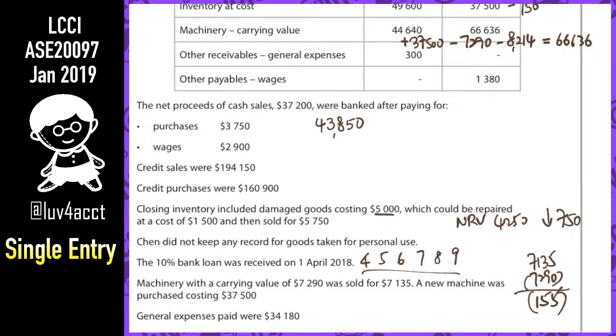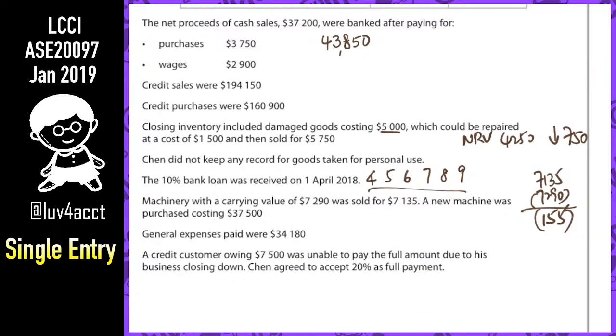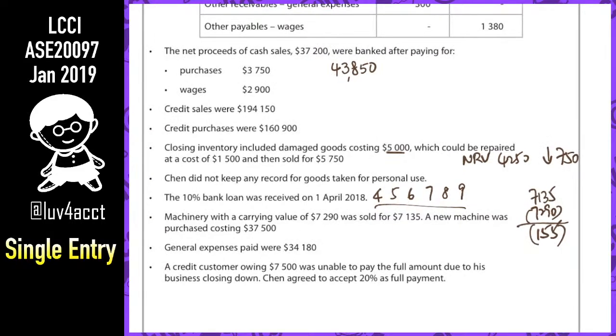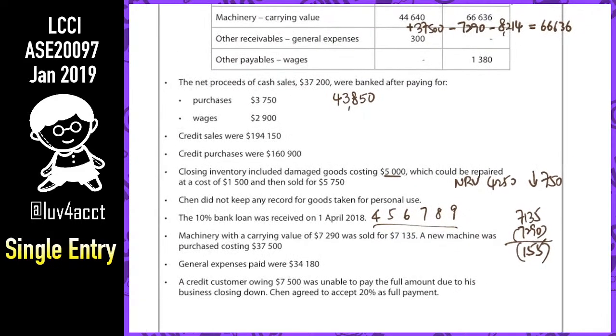Next you have general expenses paid. You have general expenses, other receivables, prepayment, opening balance, that you have to add.